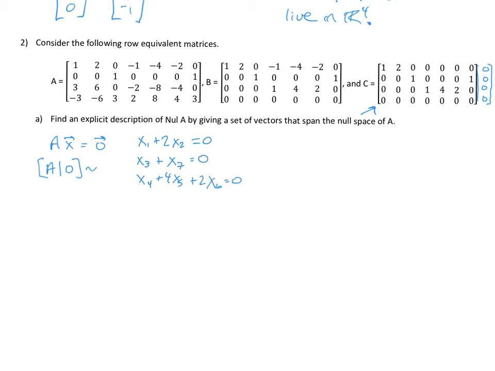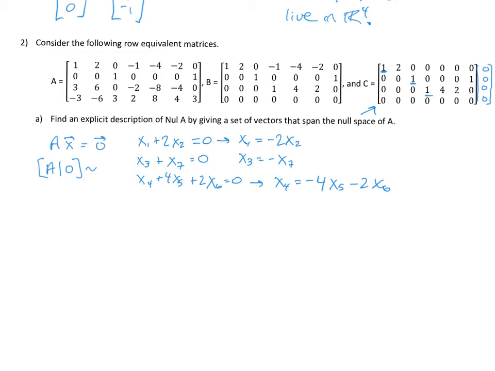And the last row tells me nothing. So my pivots are x1, x3, and x4. So I'm going to solve for those. x1 is negative 2x2. x3 is negative x7. And x4 is negative 4x5 minus 2x6.